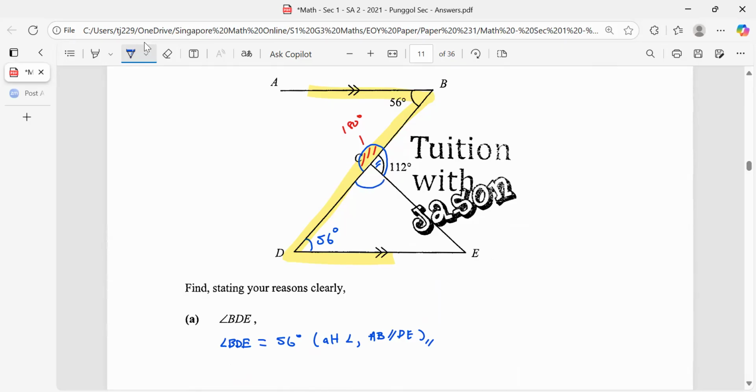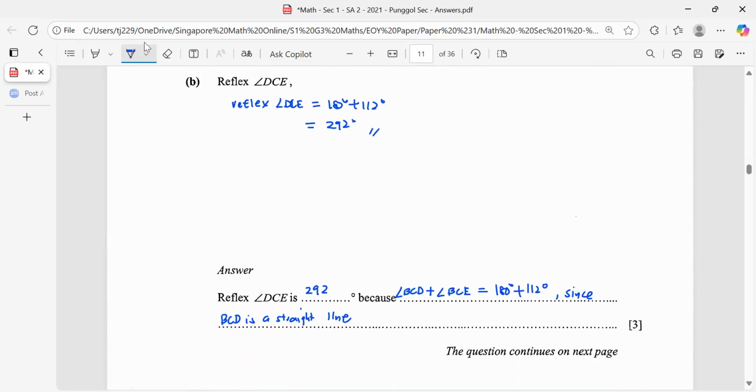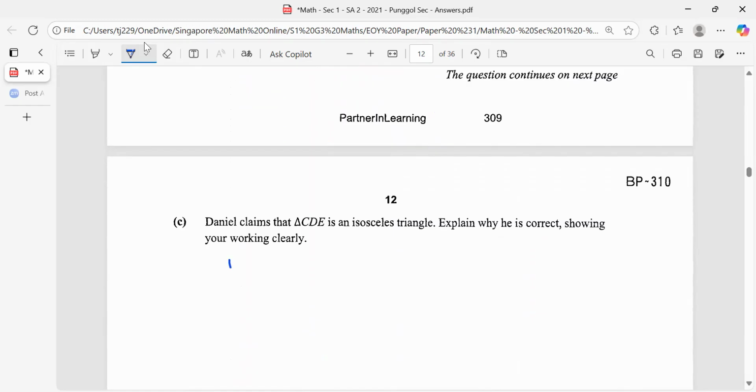So if BCD is a straight line and we have 112 forming one side of the straight angle that makes up the straight line, the other side would be 180 degrees minus 112. So that's DCE. So we will end up with 68 degrees.